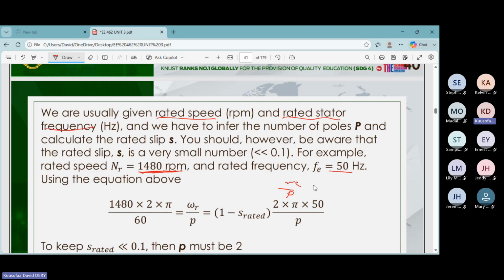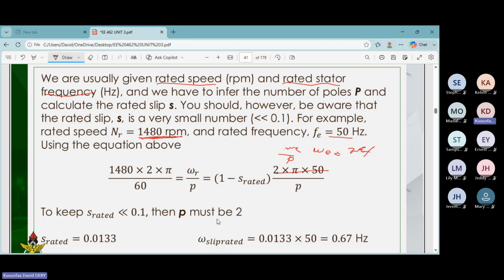We know that ω_e is given by what? 2πf. So that is where this is coming from. And so you have this portion equal to this. If we say that we want to always keep the slip value less than 0.1, then you can infer the number of poles.